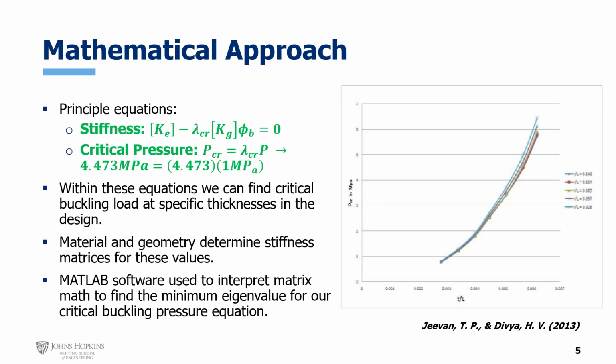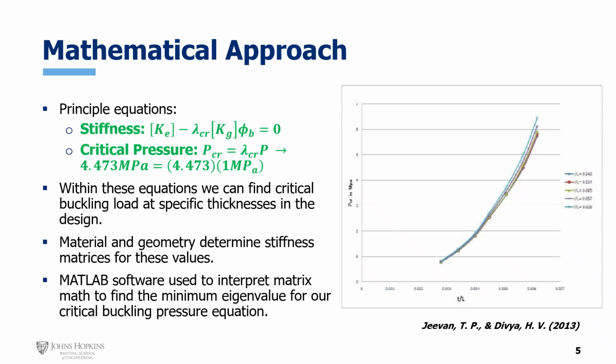On this slide, we dive deeper into these principal equations. These are used to analyze vibration characteristics of the system. They focus on determining the critical buckling pressure in the end, which is based on material thickness, design, and material type. This is calculated by finding the critical buckling pressure from the eigenvalue.